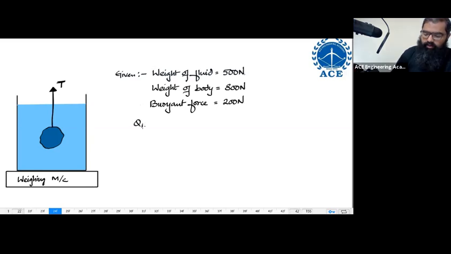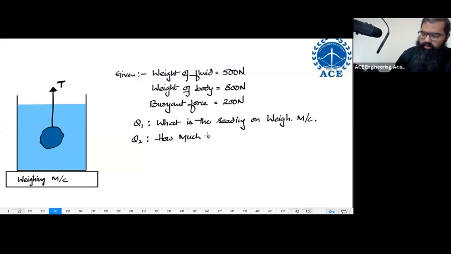Question number 1: what is the reading on the weighing machine? Question number 2: how much is the tension? Numbers are very, very simple. No need of calculator.